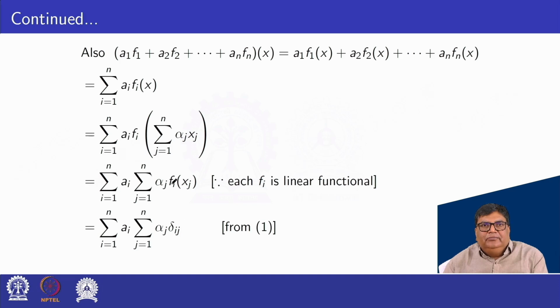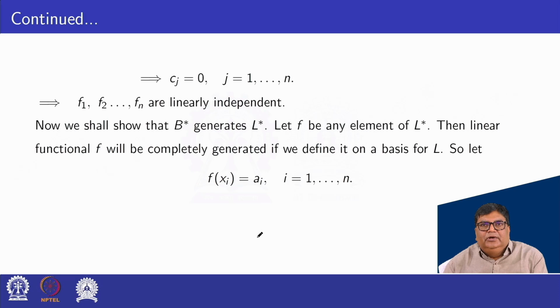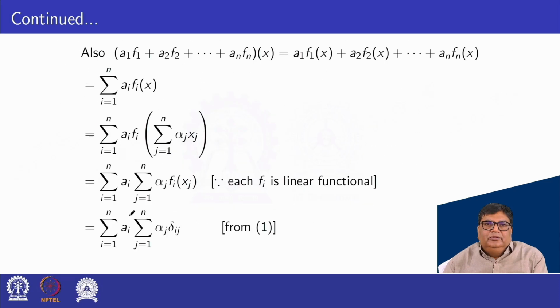So this term can be written as summation i equal to 1 to n ai, summation j equal to 1 to n alpha j, and the value of fi(xj) is the Kronecker delta ij from equation 1. The value of this is alpha j.